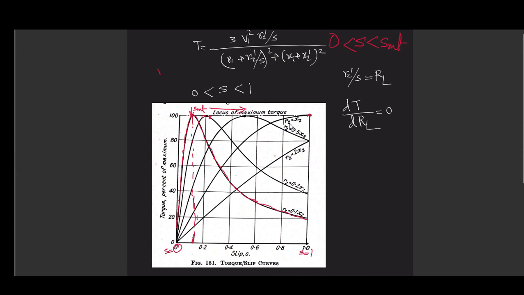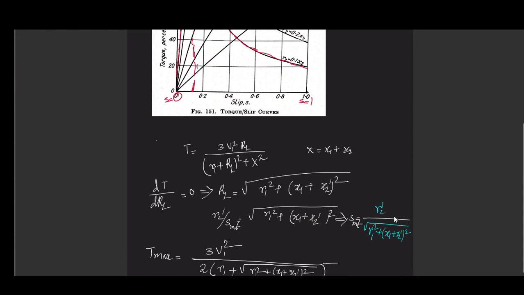So once you increase slip S, that R2 dash by S will also increase. Why? Try to understand this here.